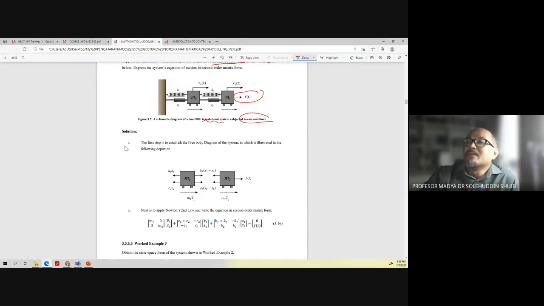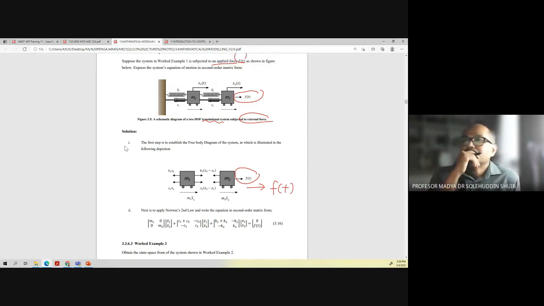Similar to the previous one, but we have an additional thing here. And then we apply Newton's second law and write the equation in second order matrix form.